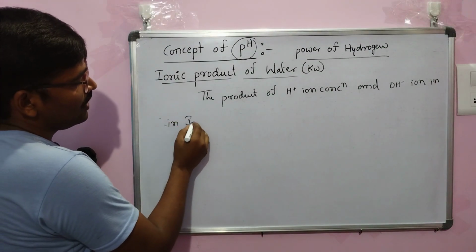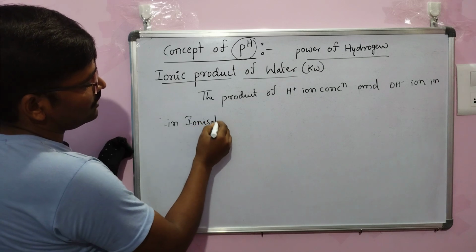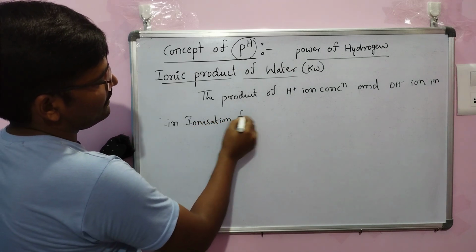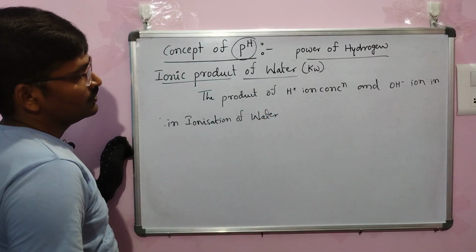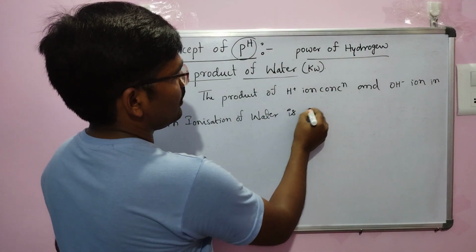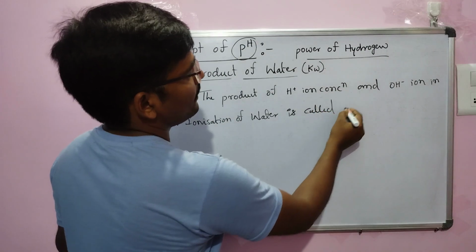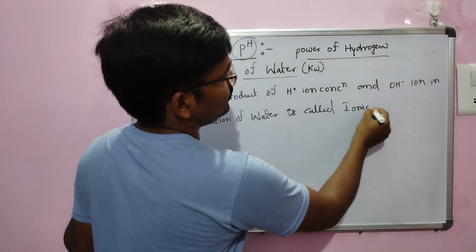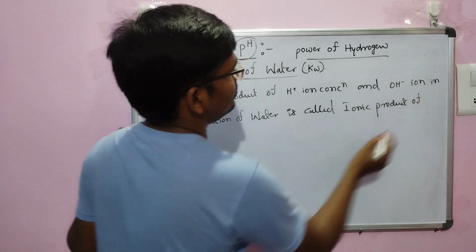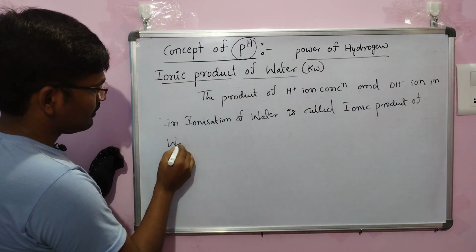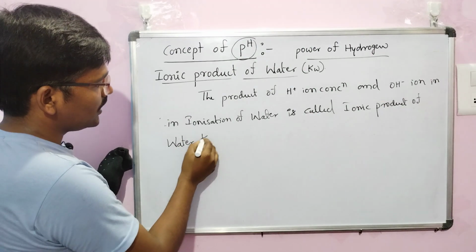The product of the H plus and OH minus ion concentrations in the ionization of water is called the ionic product of water, that is, we call it Kw.